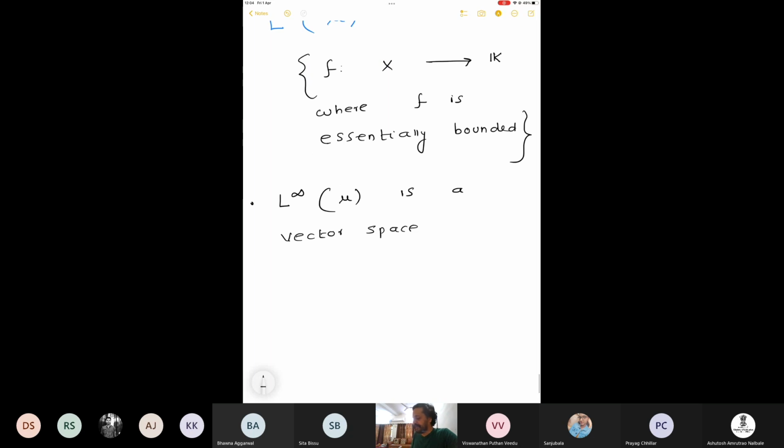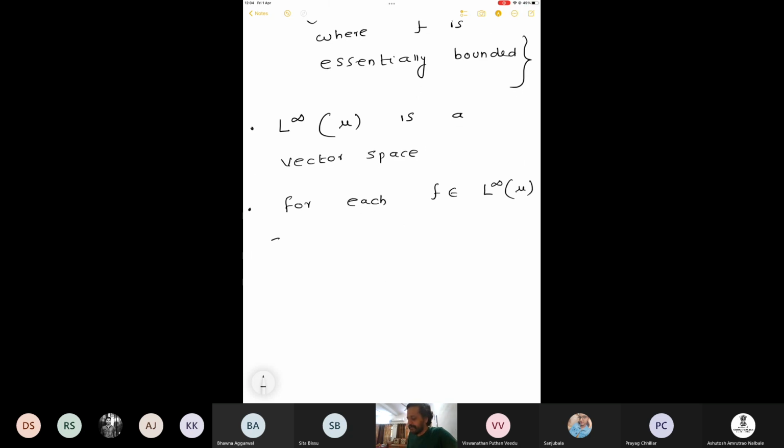Once I have a vector space, I would like to define a norm on it. For each f in L infinity mu, when I say f, I actually mean f with no distinction between f and g whenever f and g are almost everywhere equal. Anyway, for each f in L infinity mu, I want to define norm f infinity. This is the notation.